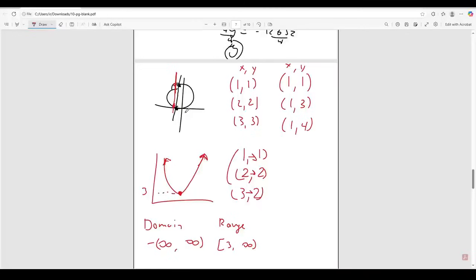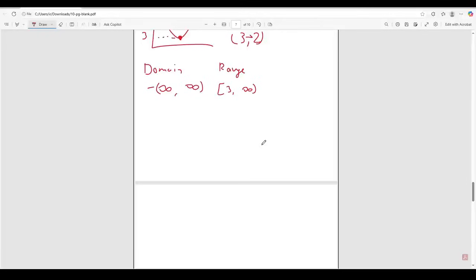Okay, so let's talk more about graphs. Let's talk about average rate of change. Average rate of change is just the slope between 2 points. In other words, it's equal to f(b) minus f(a) over b minus a.